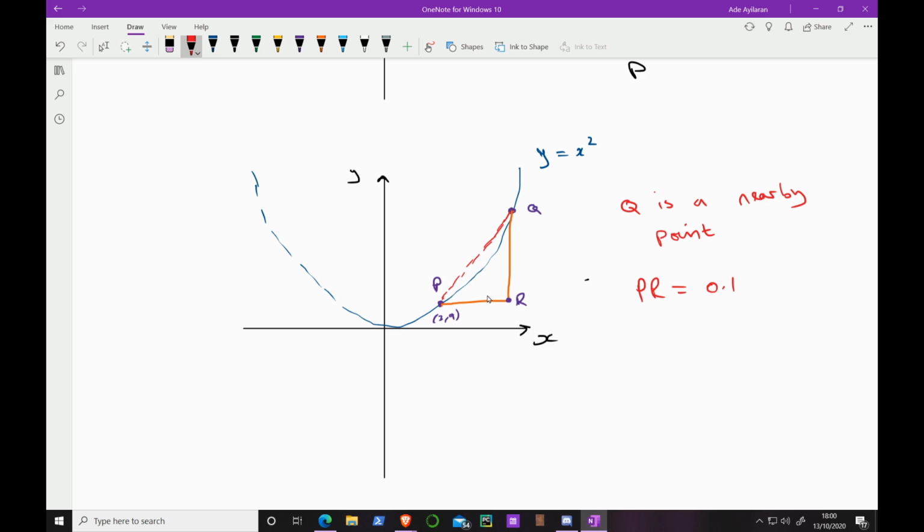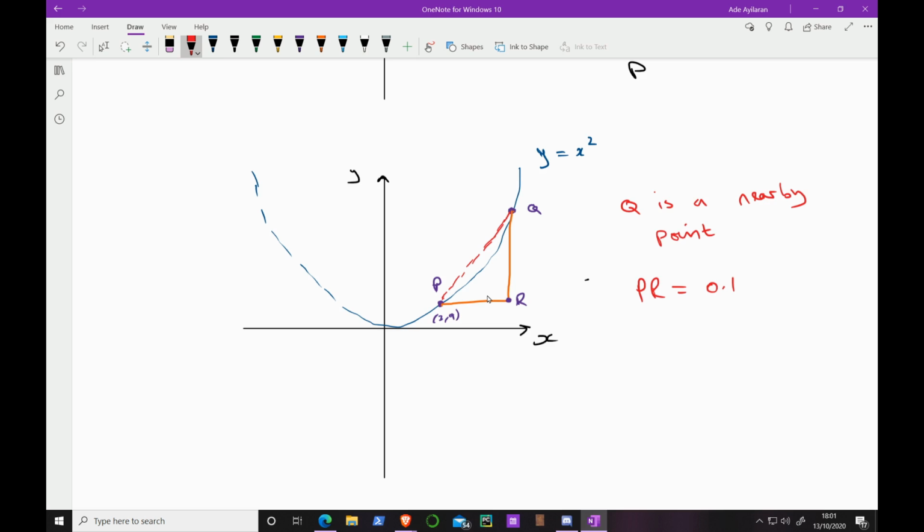So the distance PR is 0.1. What would be the point R? The distance between P and R, by the way, is a perfect horizontal line, and it is 0.1.